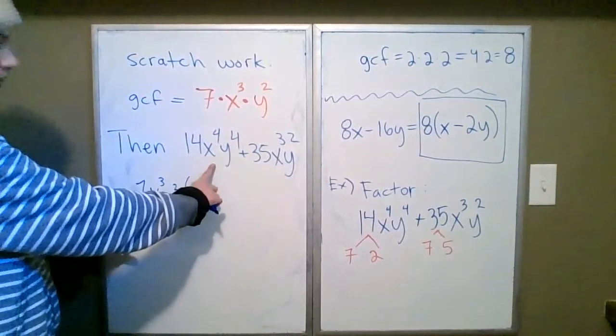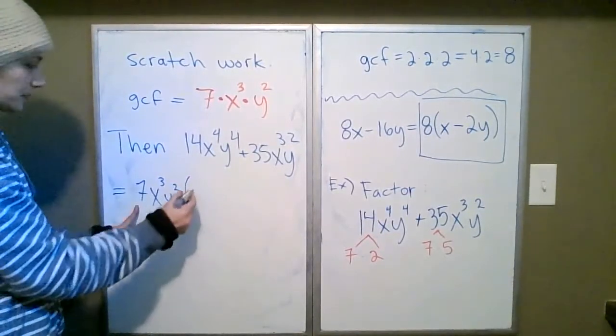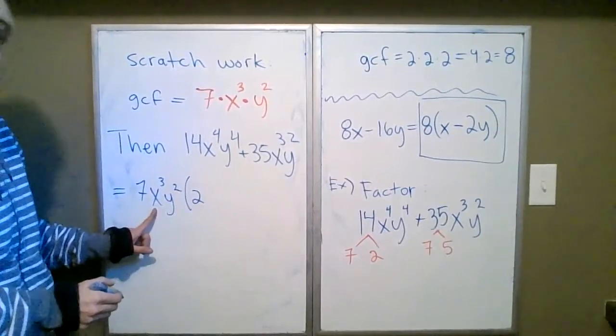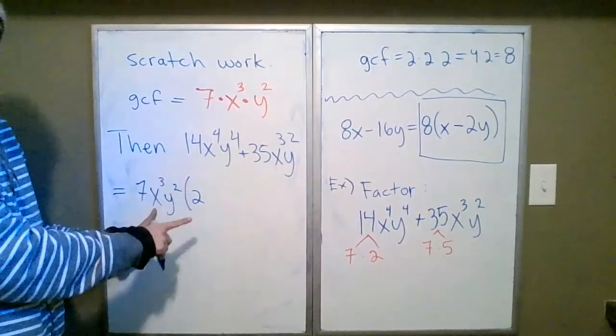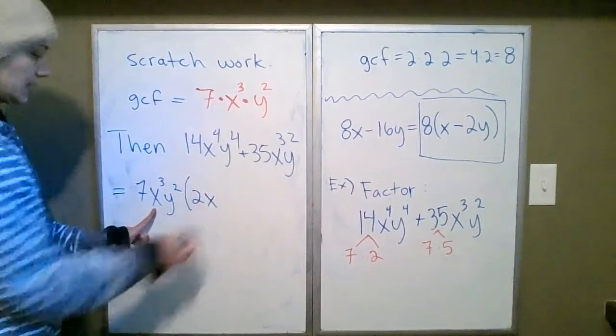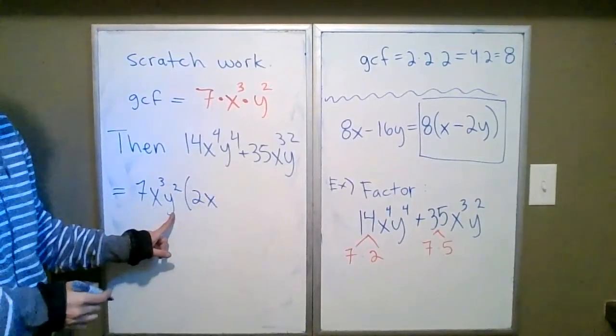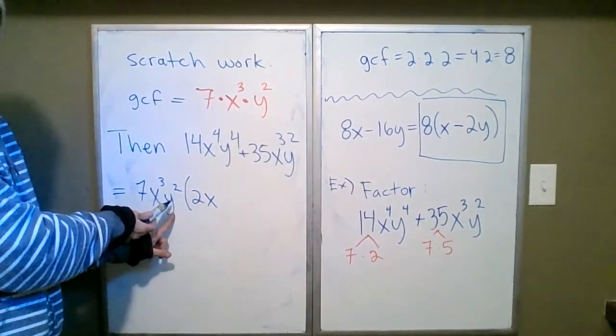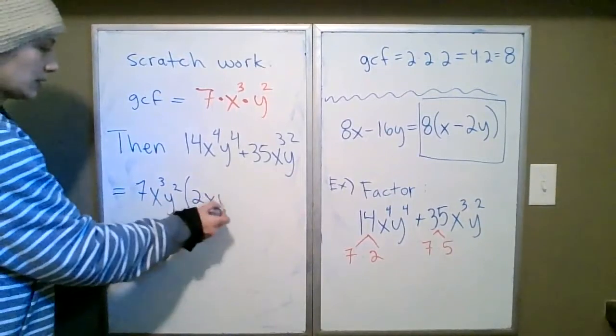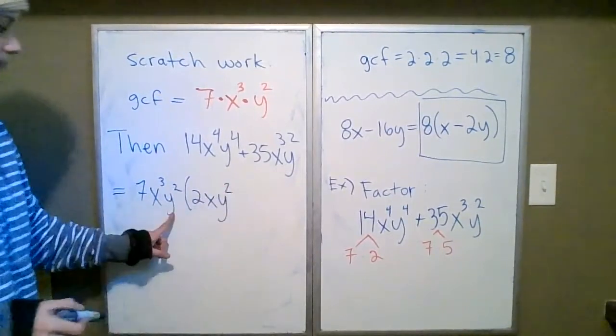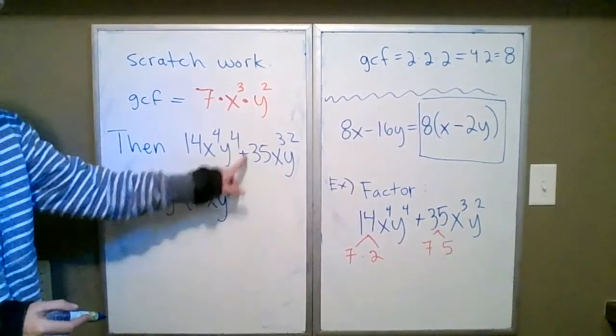From the first term, we take out 7, which leaves behind a 2. We take out an x cubed from x to the 4th, which leaves an x. And from y to the 4th, we're taking away y squared, so 4 minus 2 is going to leave y with power 2. And then add.